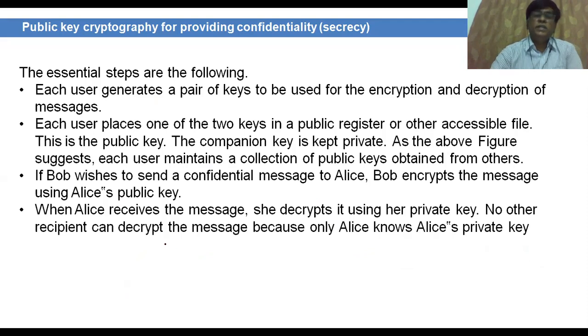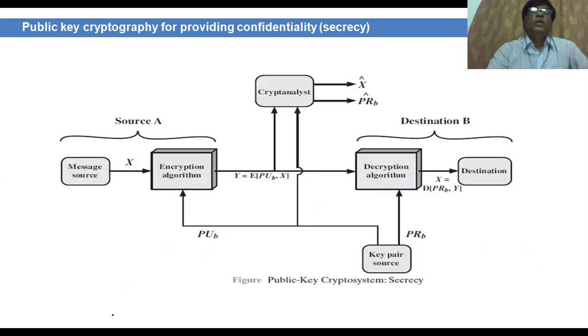So this is the information. Suppose, the same thing, assume A is the sender and B is the receiver. Now A wants to send the message X. So he performs the encryption algorithm on X using B's public key, and then creates the ciphertext.